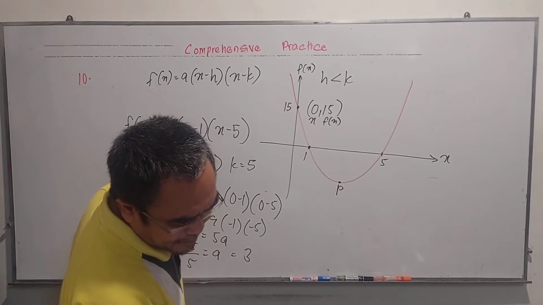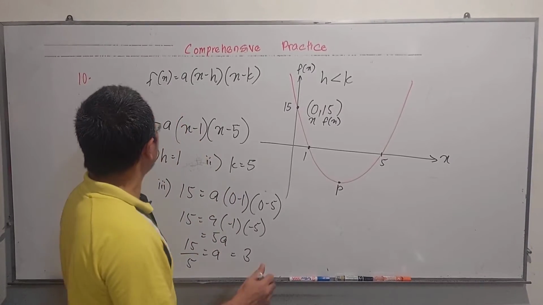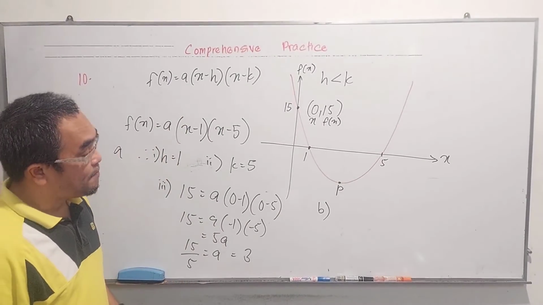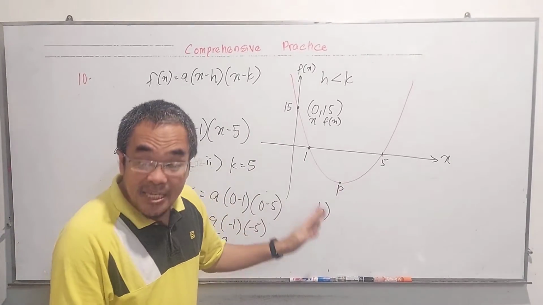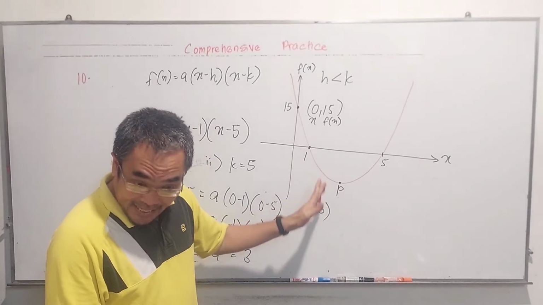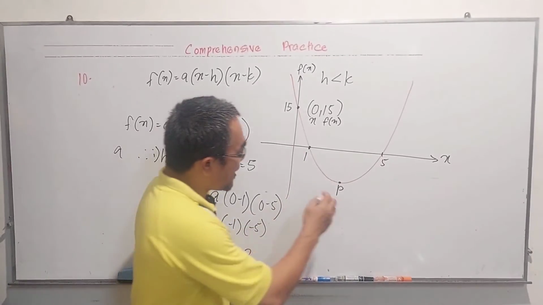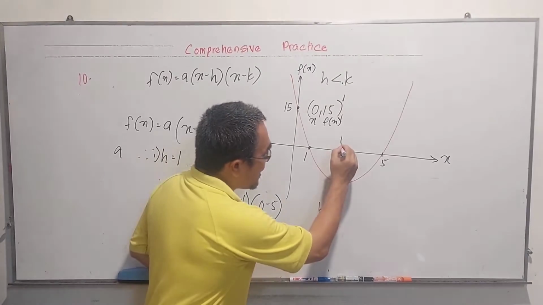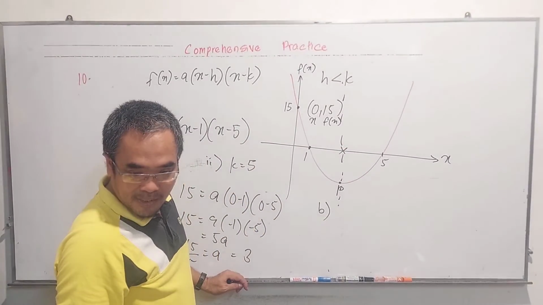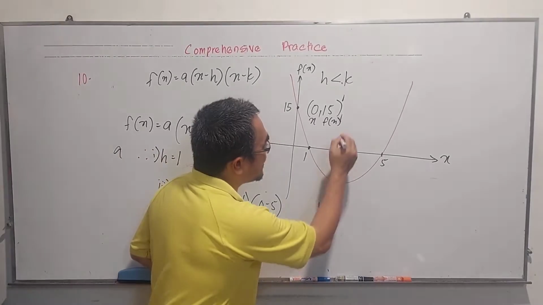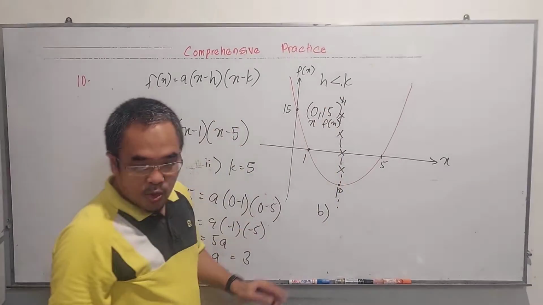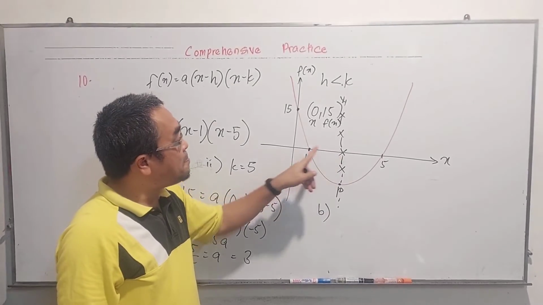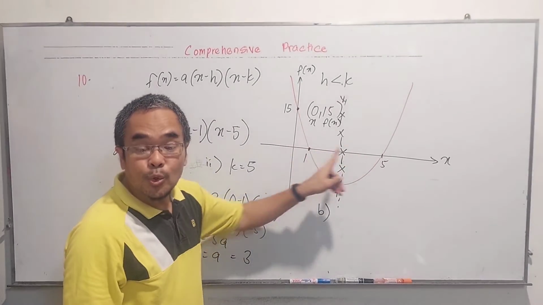Then determine the equation of the axis of symmetry. So B, how to find the axis of symmetry? The axis of symmetry is also the x of the coordinate here. The x is constant, all the time. When it is at the x-axis, it is the middle, the midpoint between the two roots.